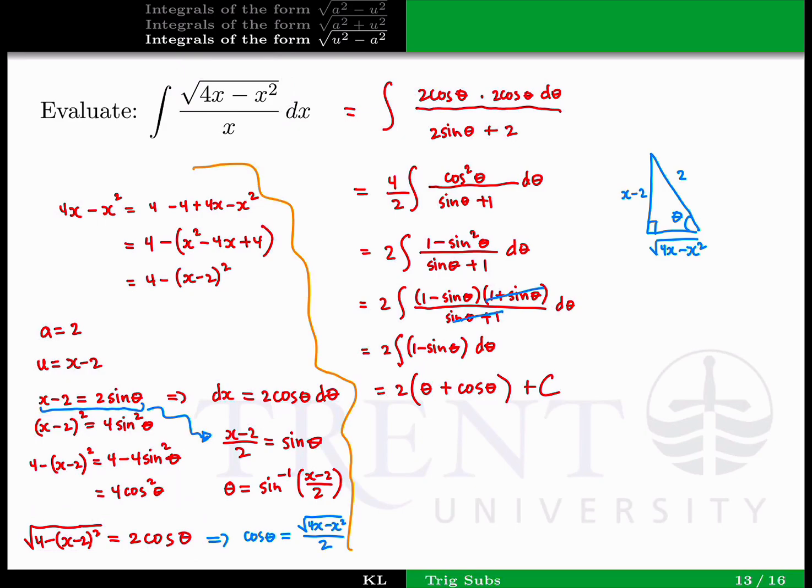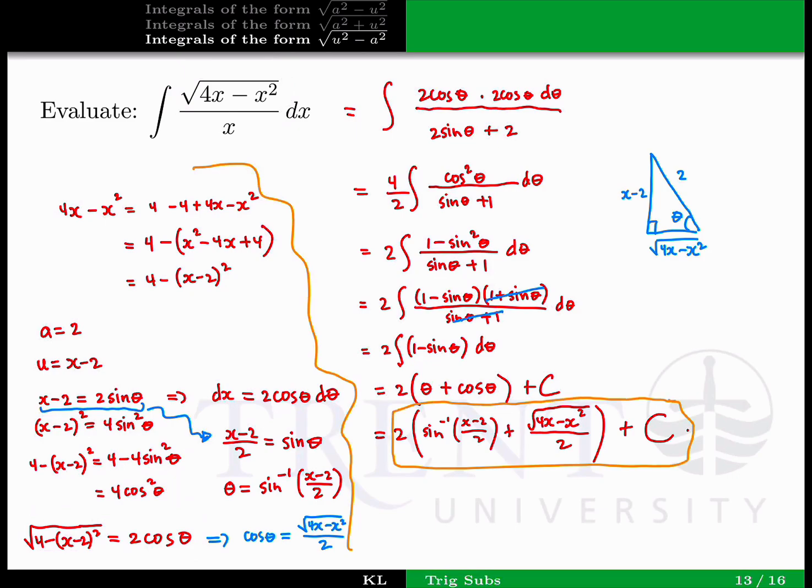Right, so the final answer will be 2 times theta, which is sine inverse of (x minus 2) over 2, plus cosine theta, which is the square root of 4x minus x squared divided by 2, and then finally you add the arbitrary constant c. So this will be our final answer.